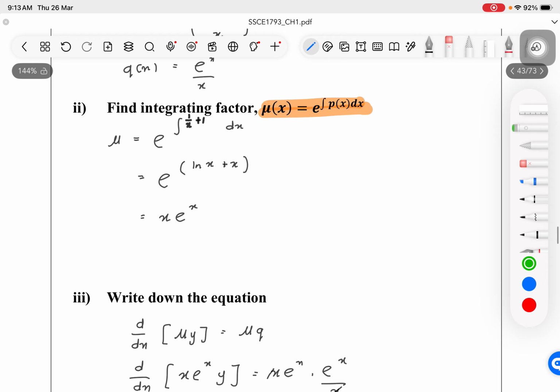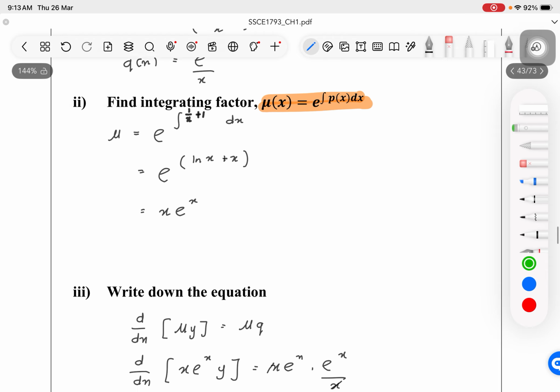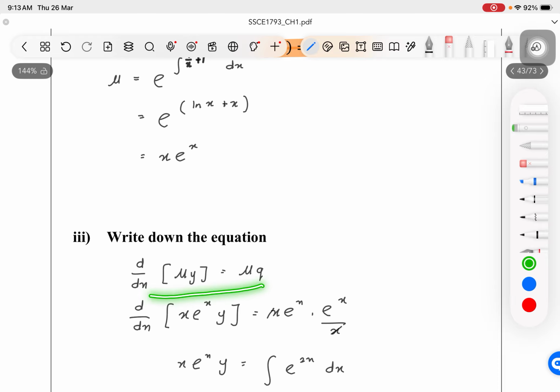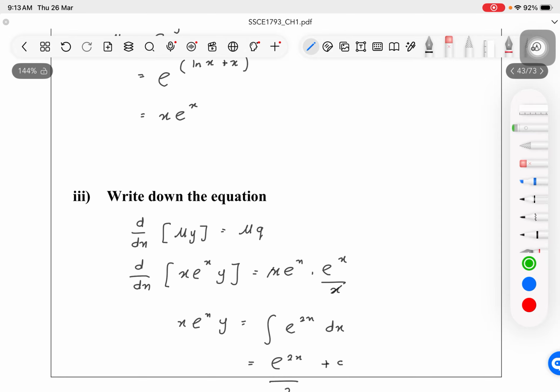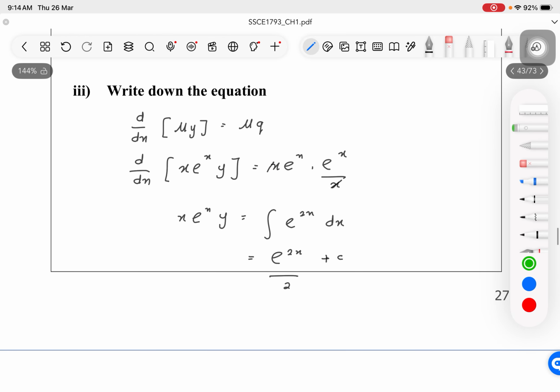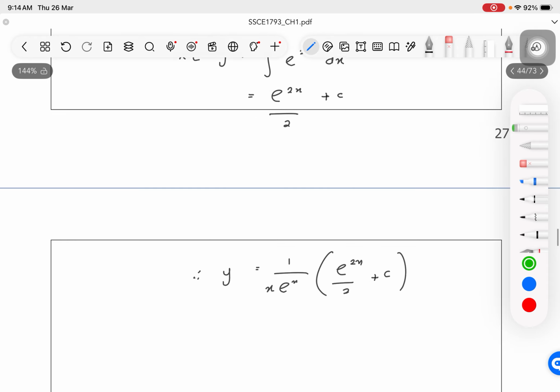Next, after you find the integrating factor, you need to write the equation d/dx of μy equals μq. Substitute your μ here, and then y, and then q(x). Then you solve this, and you get this one plus c.